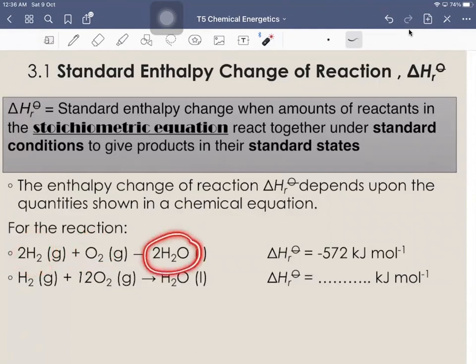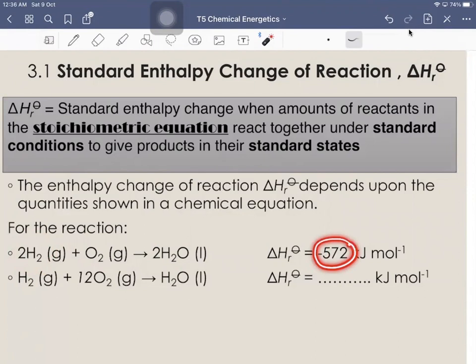Okay, so that means the enthalpy change, or the energy given out because it's negative, when hydrogen reacts with oxygen to get 2 moles of water is negative 572 kilojoules per mole.